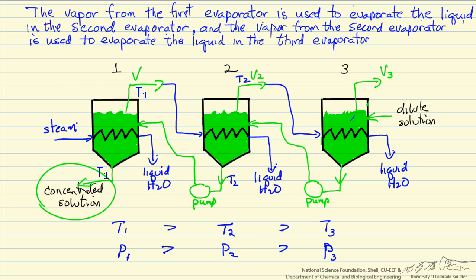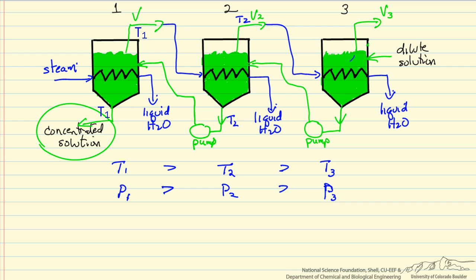A couple more things to point out. The mole fraction in the liquid of our solute, X1 is greater than X2 is greater than X3. X3 is what's leaving here, X2 here, X1 here, and this would be X of the feed, and the feed mole fraction is even lower.